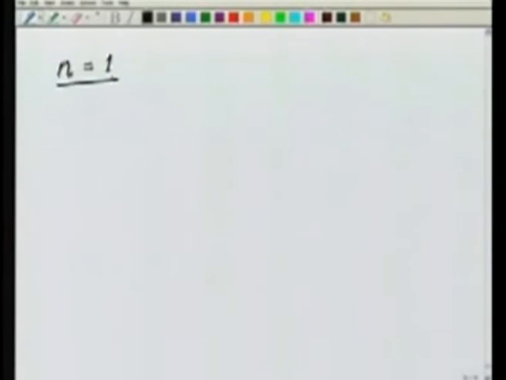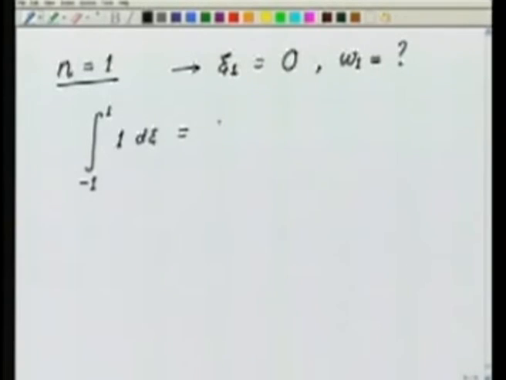Now, let us go ahead and construct these sets of points. Let us take the first example, n equal to 1. If I take n equal to 1, then I notice that the point psi 1 can be nowhere else but at the 0 location, because it is a symmetrically placed point, and the corresponding weight will be W1. Now, W1 is equal to what? That is what we have to determine. So let us take first a constant. I integrate the constant 1 from minus 1 to 1. This integral will be equal to 2.